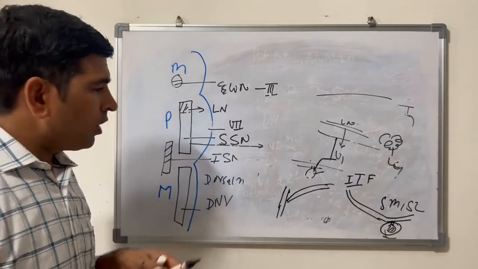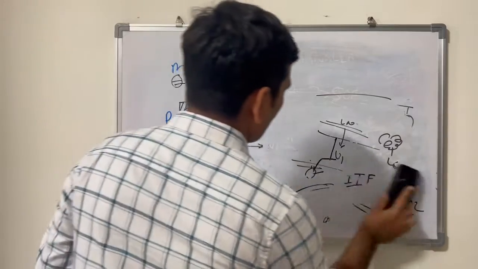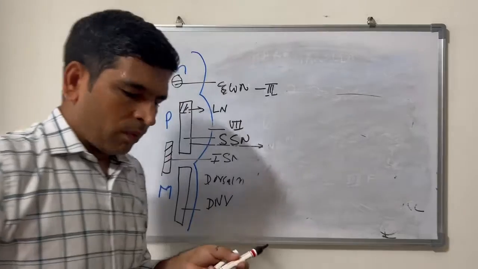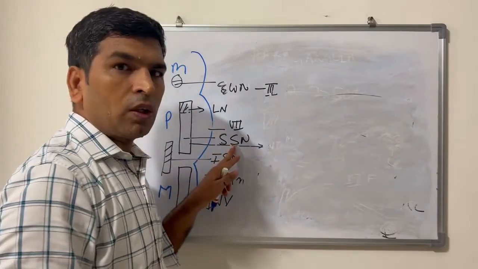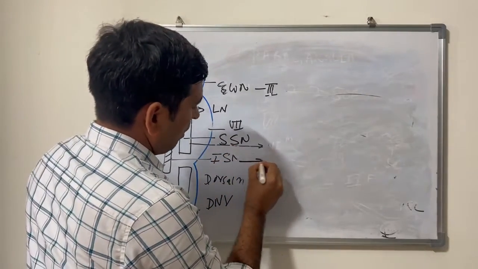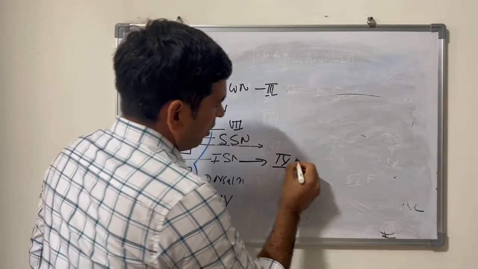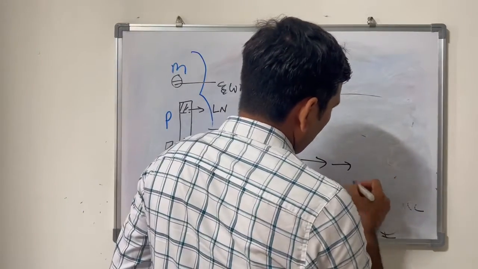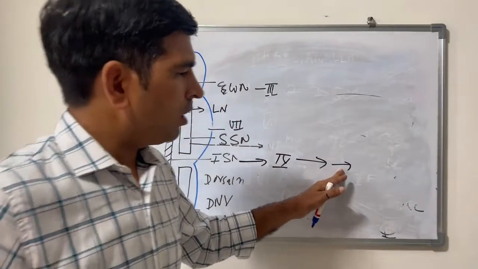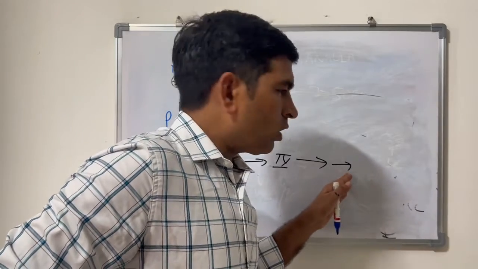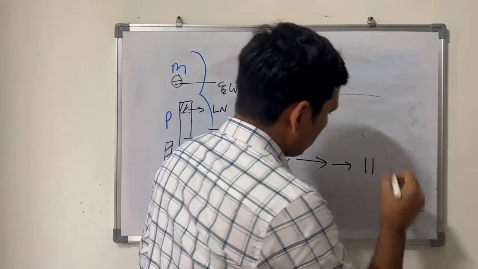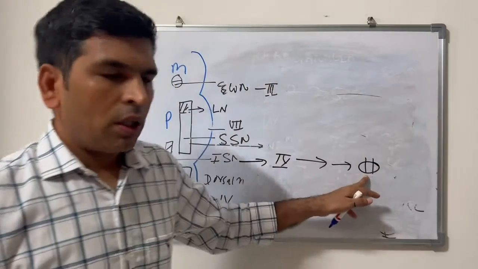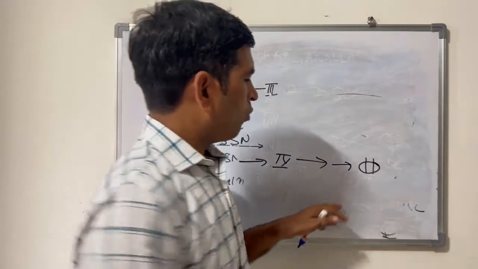Now let's talk about the inferior salivatory nucleus. This inferior salivatory nucleus comes through the ninth nerve through the jugular fossa, and just below the jugular fossa you can find one ganglia, that is the otic ganglion, in the foramen ovale.